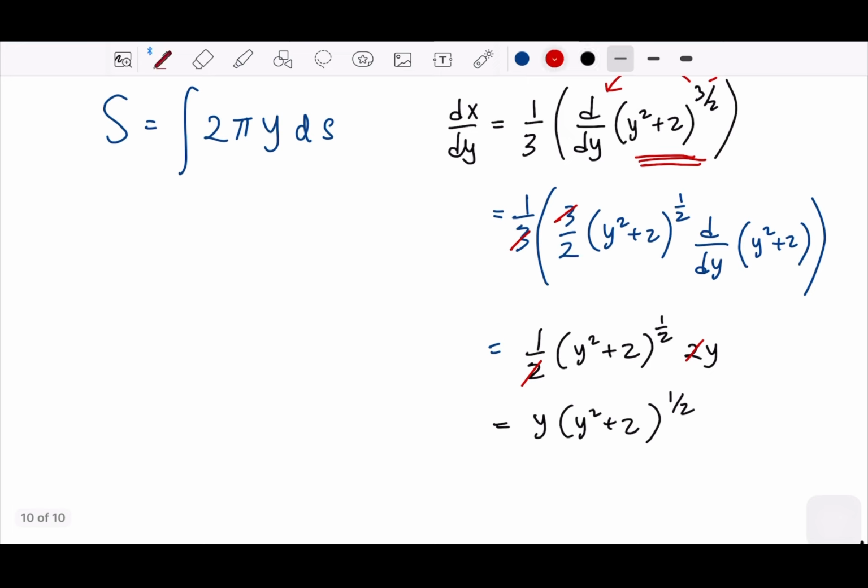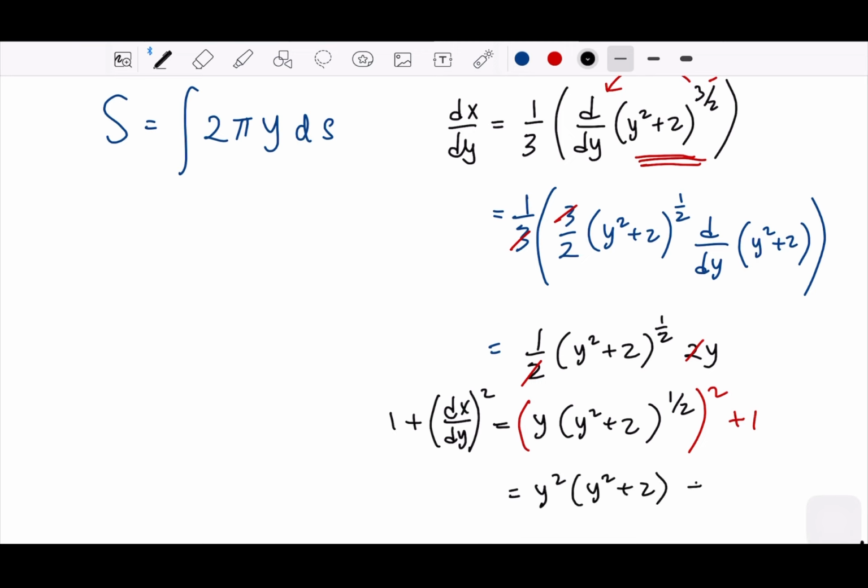And then we could take this square, right? And then plus 1. So this becomes 1 plus (dx over dy) squared. So this will be y squared times (y squared plus 2), plus 1.